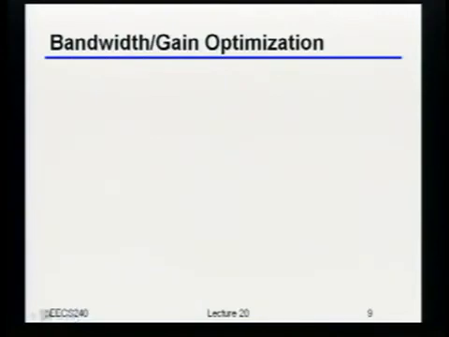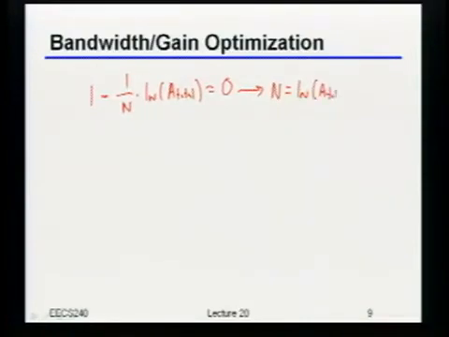Okay, so that equation simplifies to 1 minus 1 over n times ln of A total should be equal to 0. Okay? Well, from that, it should be really obvious that the number of stages should be equal to the natural log of the total gain.